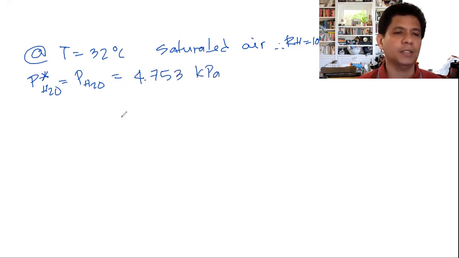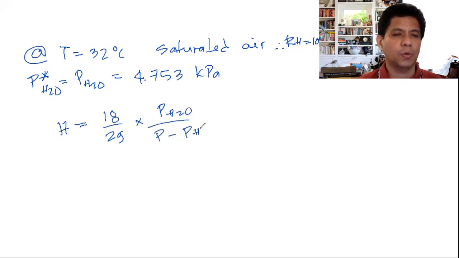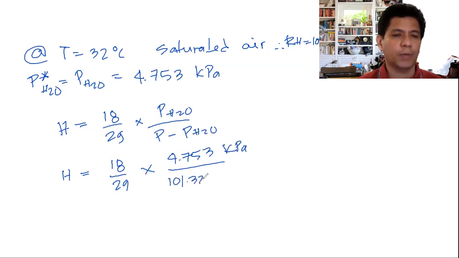Okay, so after getting this, diretso na, no? We can now calculate humidity. So using the same formula, 18 over 29 times pH2O divided by P minus pH2O, do we get 101.325 minus 4.753 kPa.